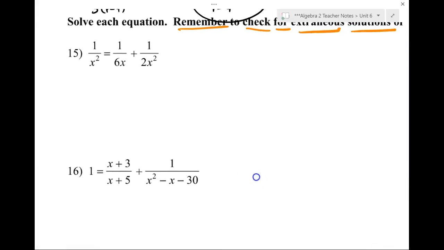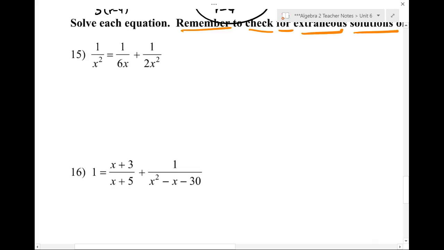Values of x that cause our denominators to be undefined. That's what we need to check for first. Because if in the end we find that our x is equal to one of those excluded values, then that x value cannot be one of the answers because it'll make our equation undefined.